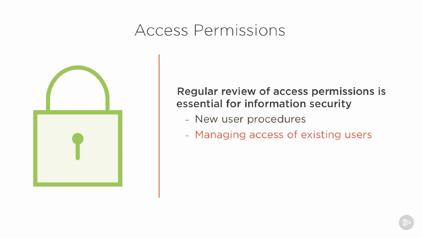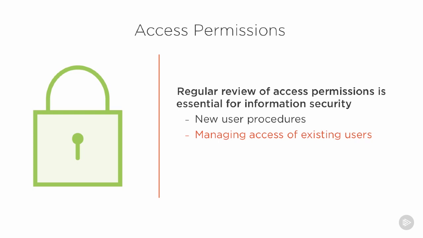We also have to maintain and manage the access of our existing users. The problem we can easily have here is that our existing users, quite often their access grows over time. They've worked on a project here, they've worked in a department there, and as they've moved around, the problem, of course, is they get higher and higher levels of access and more access in different areas.